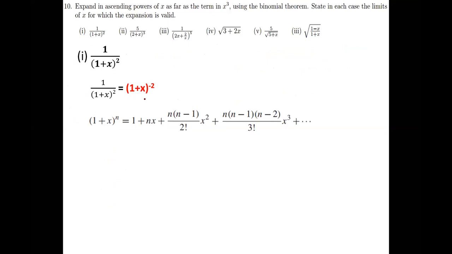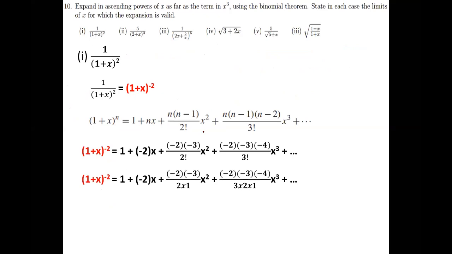You write it in that form, and then this is going to be the formula that you're going to be using. Then you put in your values like that. You simplify it. Then that's going to be your answer. This is what we found. And then it's only valid when the absolute value of x is less than 1. Then you write it in that form. So this is what it means.